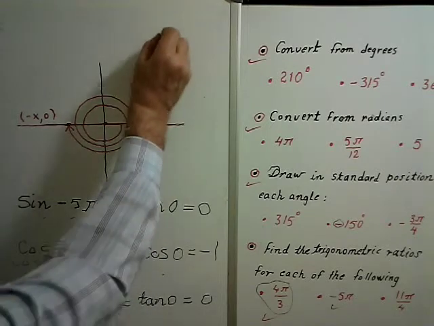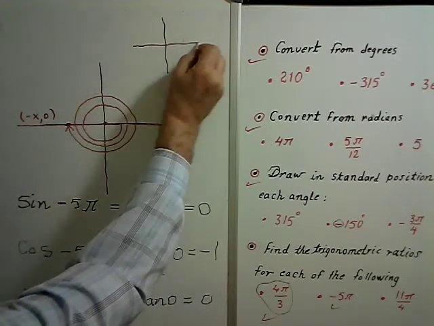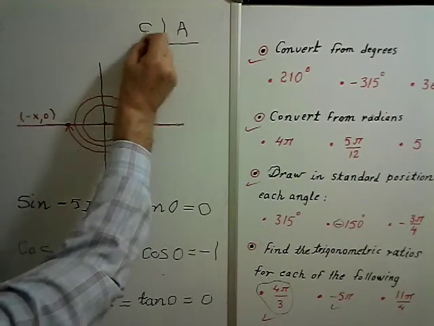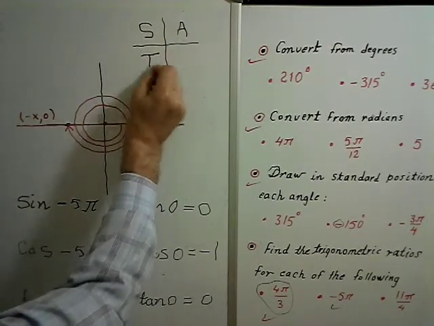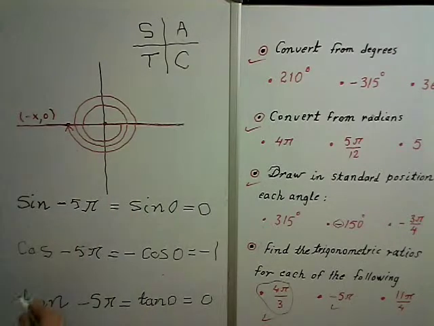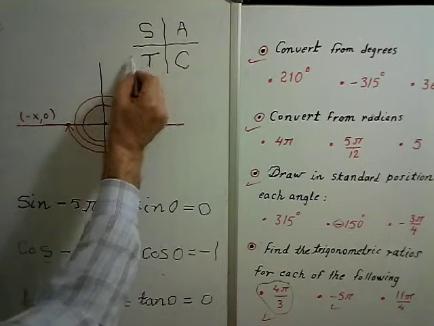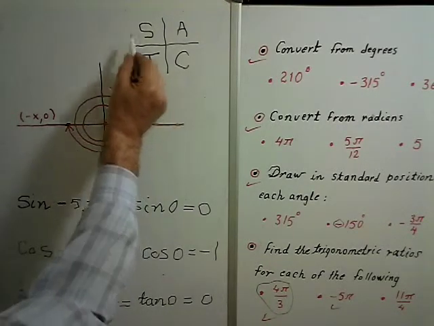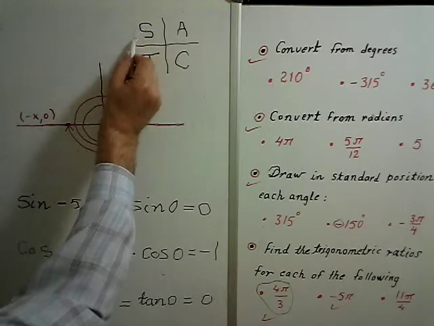Also refer to the signs. All students take calculus. All students take calculus. So in the third quadrant, tan is positive. In the second quadrant, tan is negative.